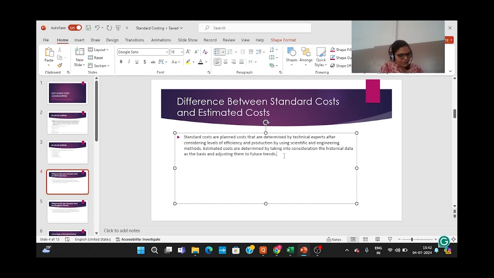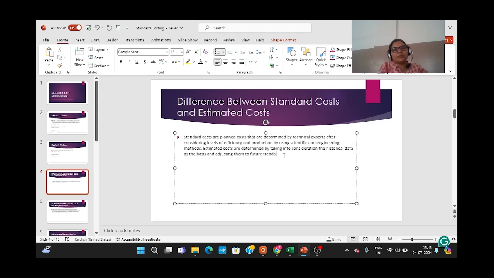In simple terms, estimated cost says what the cost will be, but standard cost says what the cost should be. Estimated cost does not aim at cost control, but the standard cost system is established with the aim of controlling the cost.